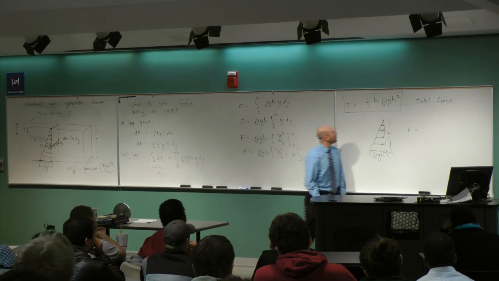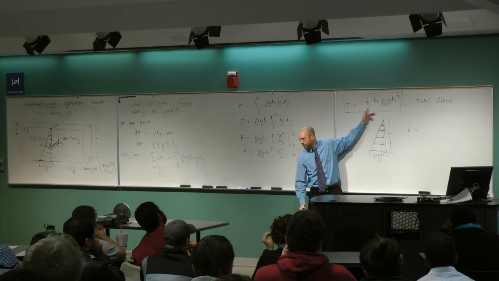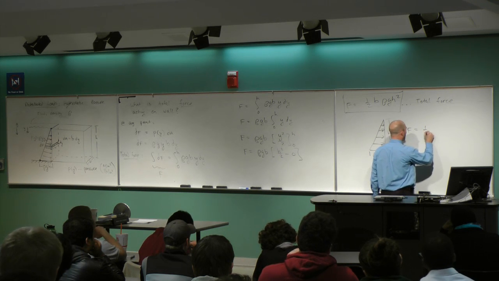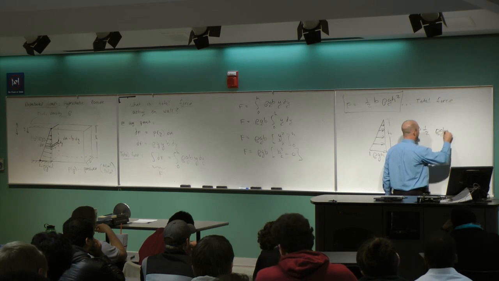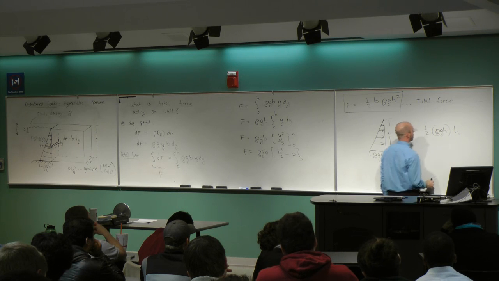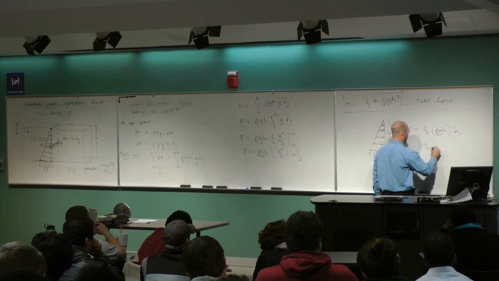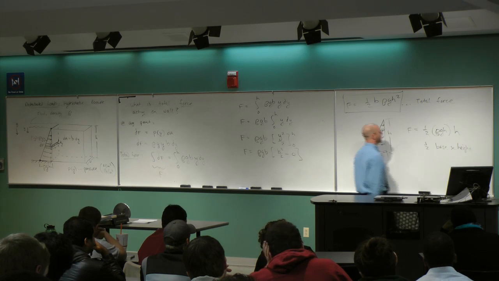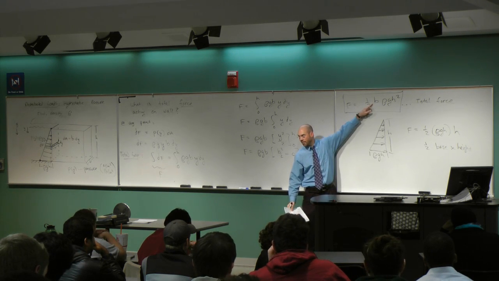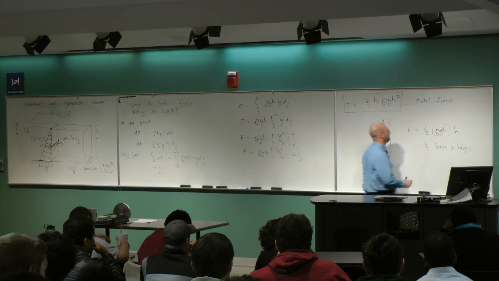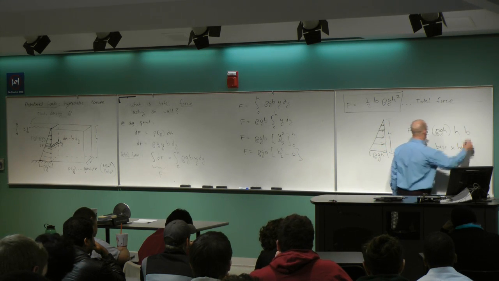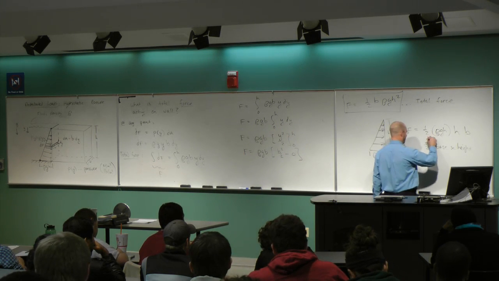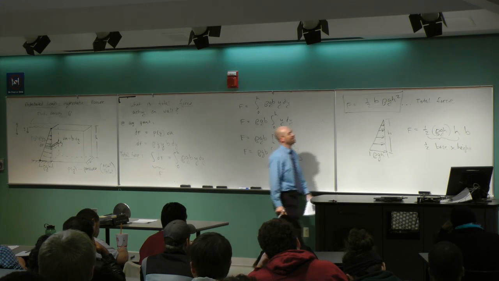F over here is 1/2 rho g h times h, right? This is 1/2 the base times the height. The only difference is I've got a per unit width, so I've got a b out in front.